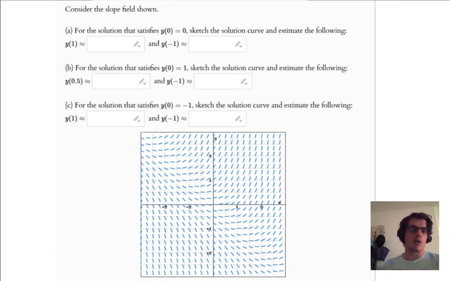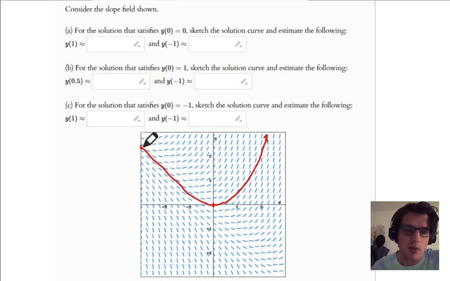Consider the slope field below. For the solution that satisfies y of 0 equals 0, sketch the solution curve and estimate the following. I don't really love this question. All we do to estimate this curve is kind of follow this. It's almost like connect the dots, going up like that, and then we do the same by going backwards.